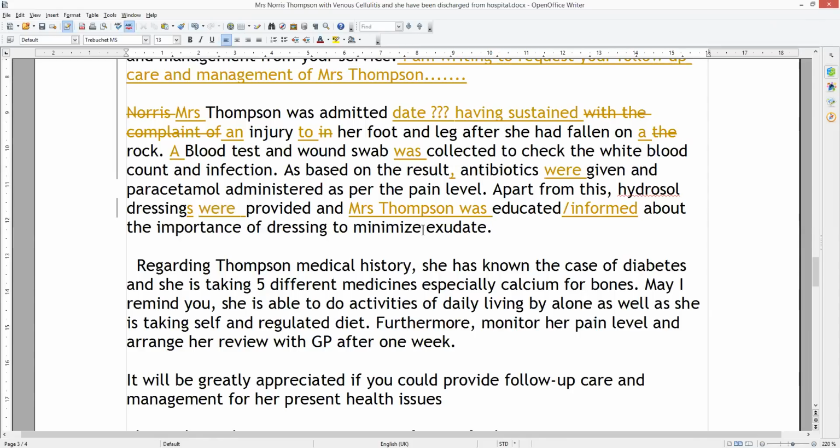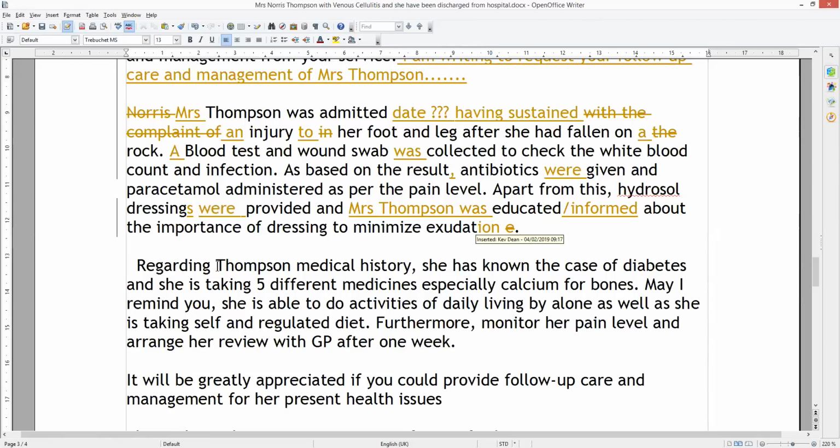So if this is a verb here, to minimize, well, it's an adverb. Then this is a noun here, so this should therefore be a verb. So to minimize exudation. So you've got to be careful here. So we've got an adverb here, so this has got to be a verb instead of a noun.